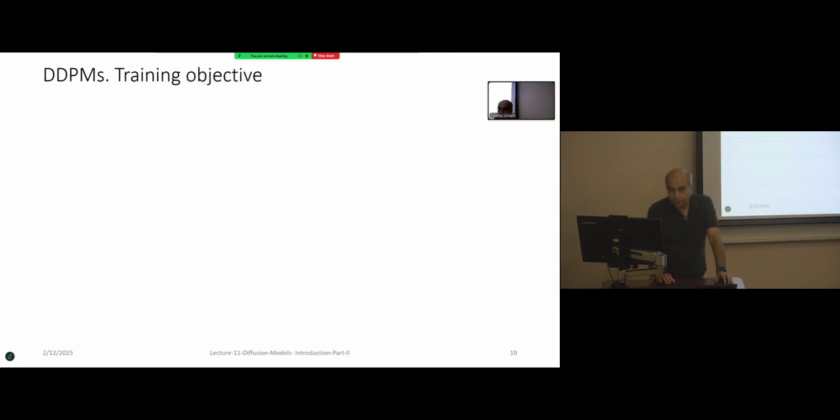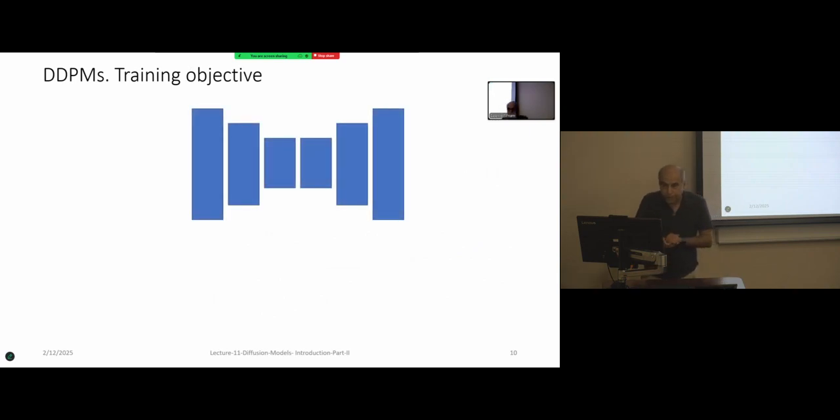Okay, so now the network we are going to use is called UNet. That's where it started. UNet is like an autoencoder. The input is an image and the output is an image, and the input here will be a noisy image and the output will be a denoised image.